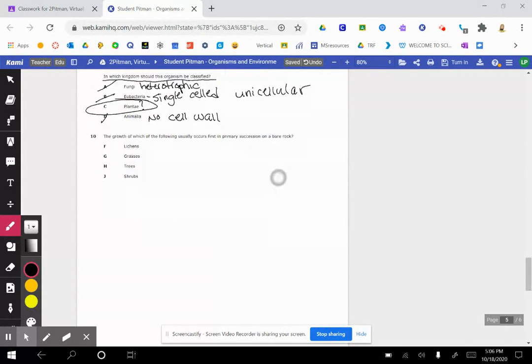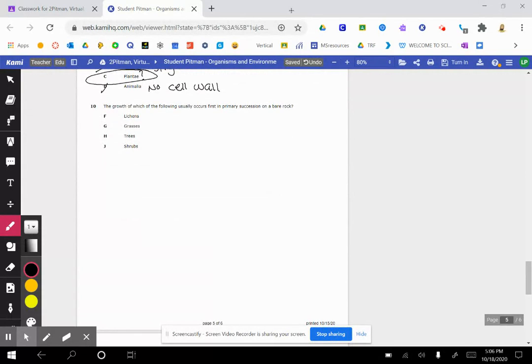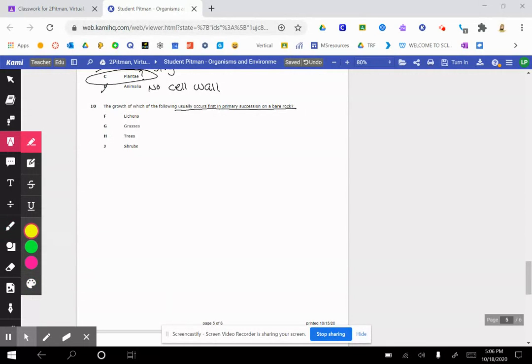Okay, number 10. The growth of which of the following usually occurs first in primary succession on bare rock? So it gives you lots of hints here. What occurs first in primary succession, and it's on bare rock. So to begin with, first you should be thinking pioneer species.